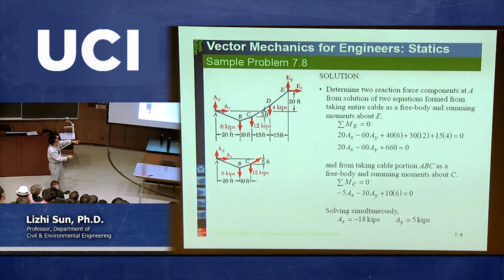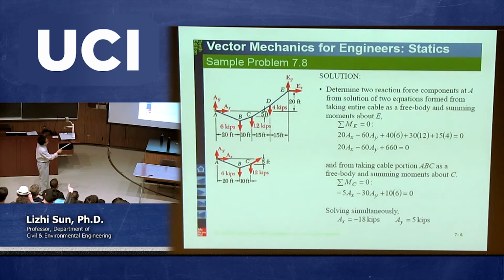What is AY? You calculate AY, which is 5 kips. That means AY is going up, but the magnitude is 5 kips. So if this AX is to the left with 18 kips, then what is the EX? EX is going to be to the right with the same magnitude, 18 kips, because there are only two horizontal forces involved. Now, you know AY, which is 5.